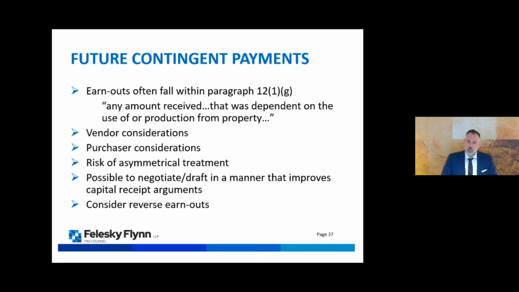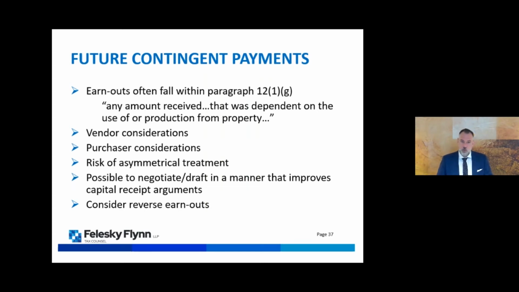and result in a capital receipt for the vendor, or at least improve the arguments that it should be a capital receipt. And so to do that, what you want to do is tie the future contingent payment to something that's not the use of or production from property. So something we've seen recently was tying it to a resource price.